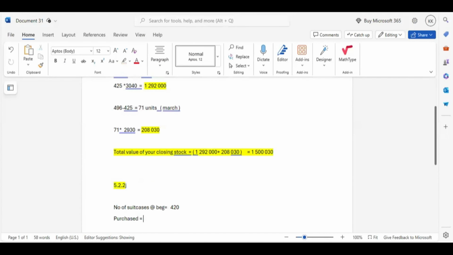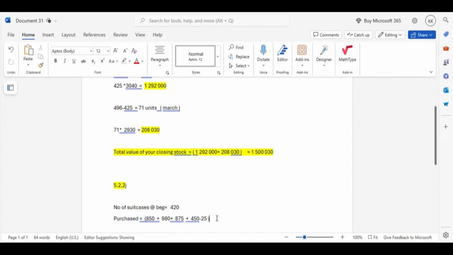So here we're gonna say, all right, purchased is equal to 850 plus 980 plus 875 plus 450 for June. But for June, remember there were 25 returns. This is the total number of units which were purchased during the year, right?